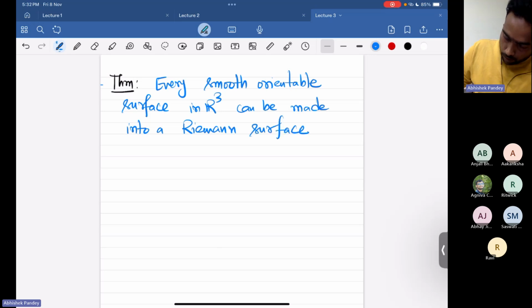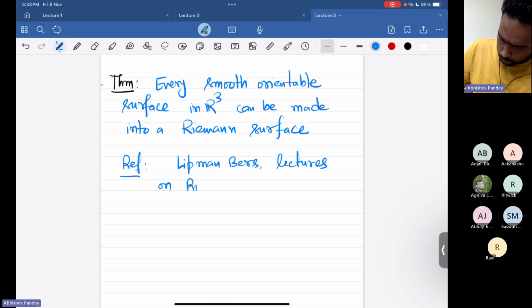Okay. So for further reference, I will write a reference: Riemann surfaces, on this one, chapters 3, 4, 5, and 6.